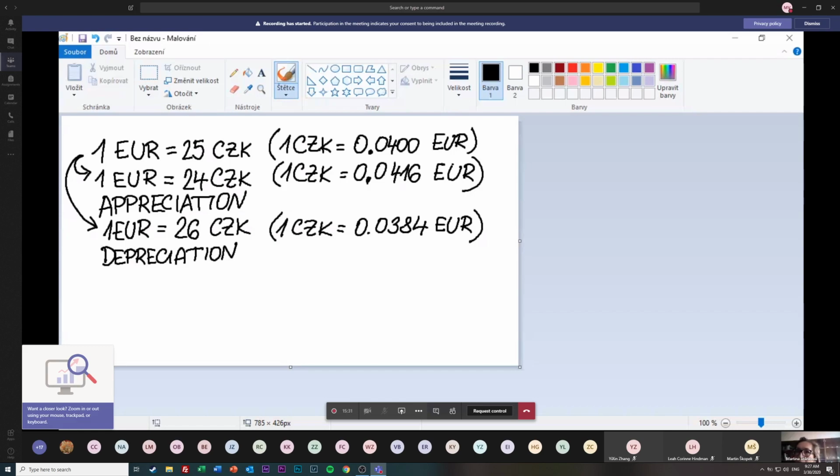Also, opposite is true if the supply of the Czech crown is decreasing, the price of it is going up. There are fewer Czech crowns in the market, and the Czech crown is appreciating.